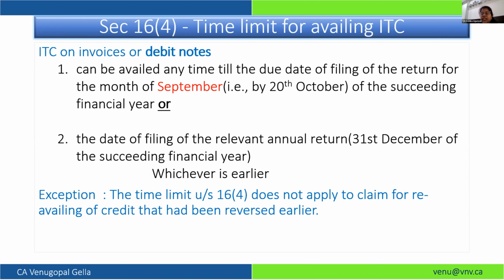Though by notification, they have given an amendment in the act whereby they have said that they will extend it till November, that provision has still not been notified. So it is still 20th October. If I talk about 21-22, my last date for availment is 20th October. By 20th October, you have to avail the ITC which you have missed out for 21-22.